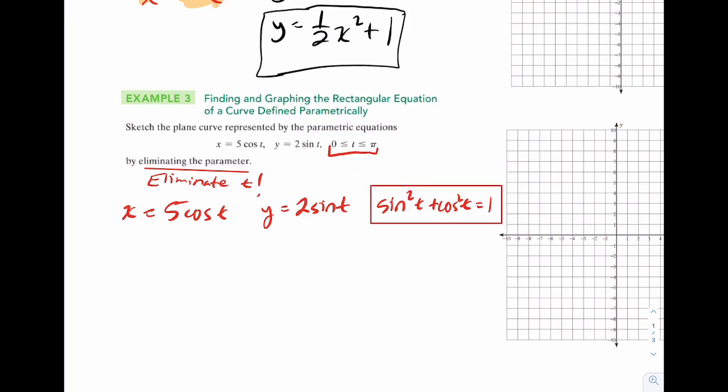Let's divide 5 to both sides here. Let's divide 2 here. So what I'm going to do is actually solve for cosine t for now, and solve for sine t. Now I'm going to square both sides.